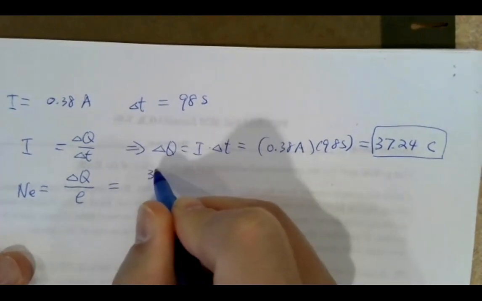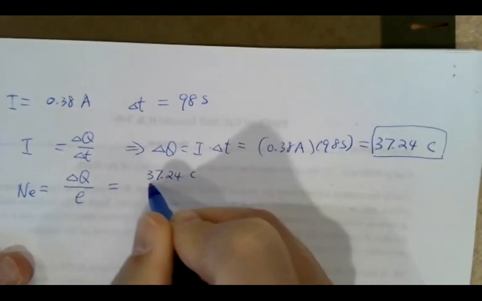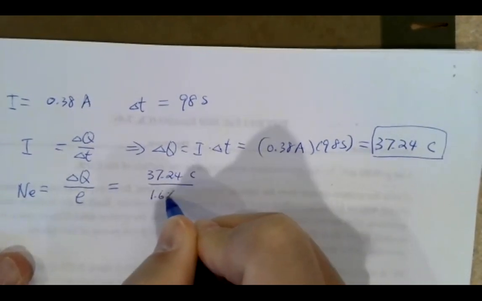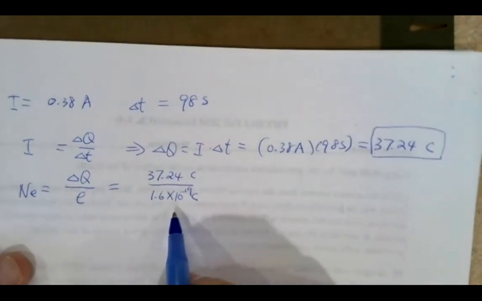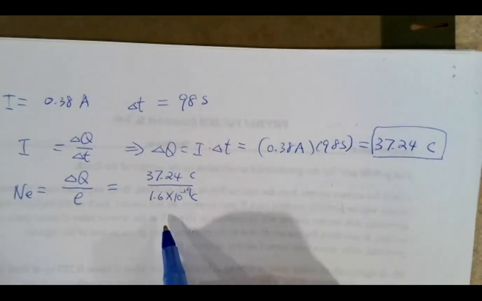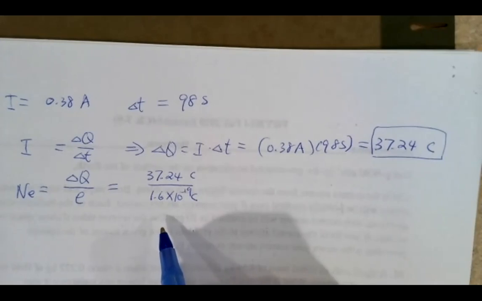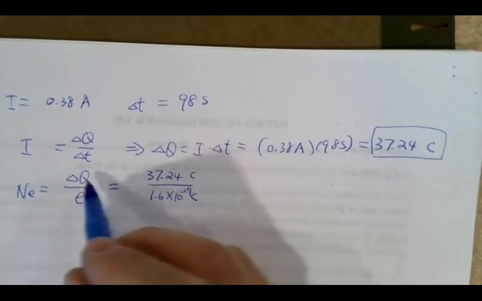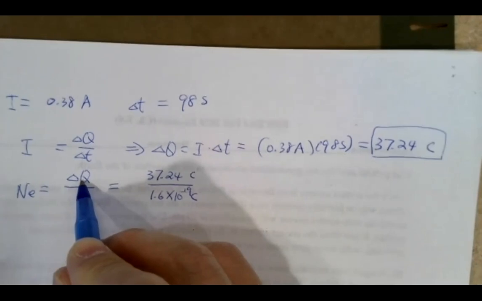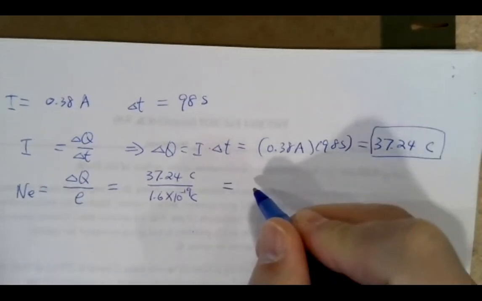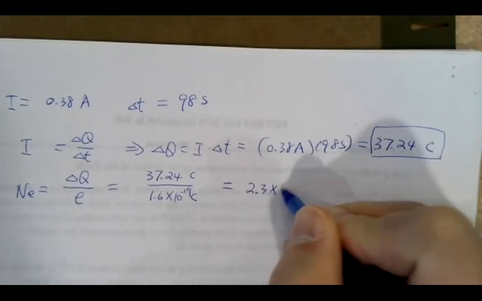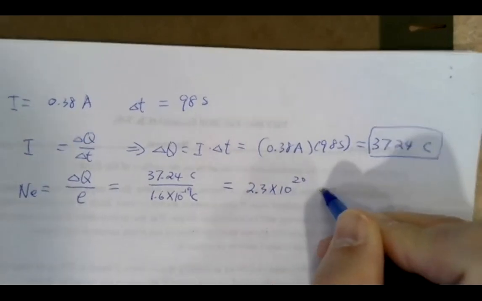So you are doing 37.24 coulombs divided by 1.6 times 10 to the negative 19 coulombs. Each electron carries that much charge, but negative. Since we're looking for the number of electrons, you can take the absolute value. That will give you 2.3 times 10 to the 20 electrons.